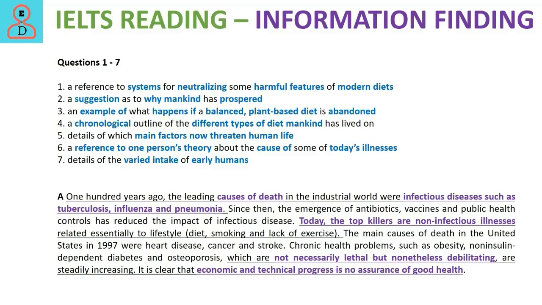The middle line contains the words today and top killers. So combining lines at the top and the middle, we know that the paragraph is talking about diseases that are harmful for humans in the present day or now. This information matches with statement number 5.